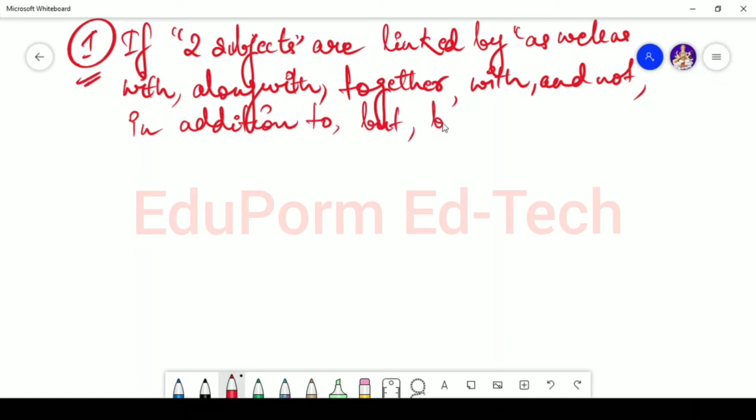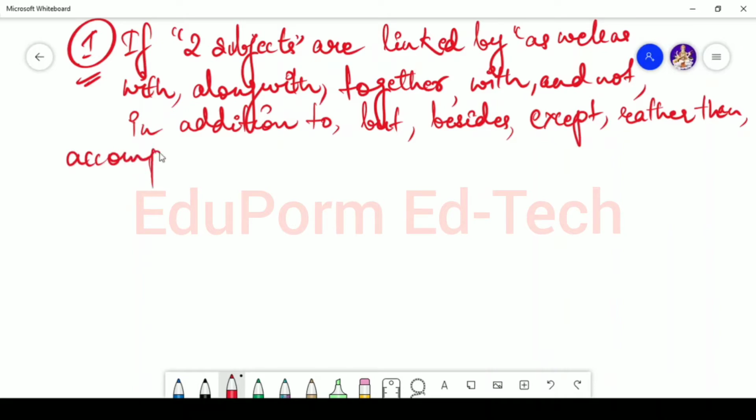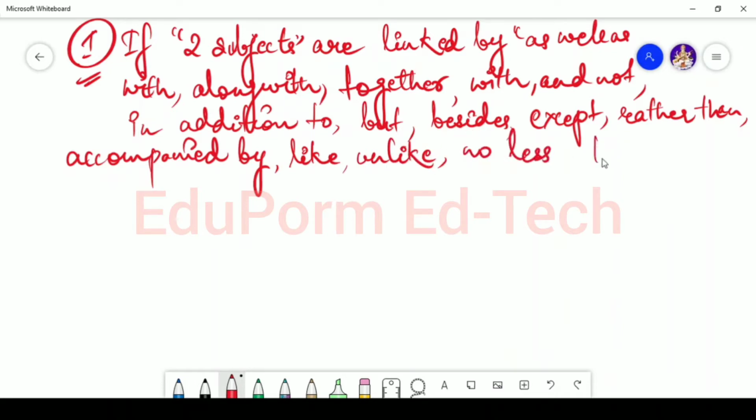but, besides, except, rather than, accompanied by, like, unlike, no less than, or nothing but.